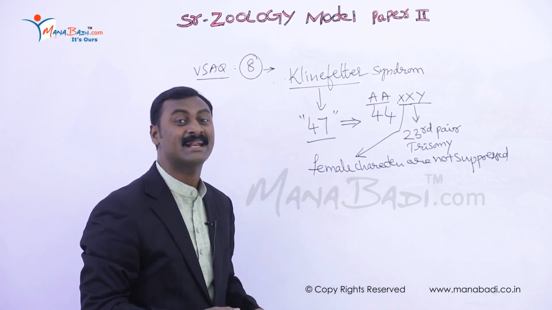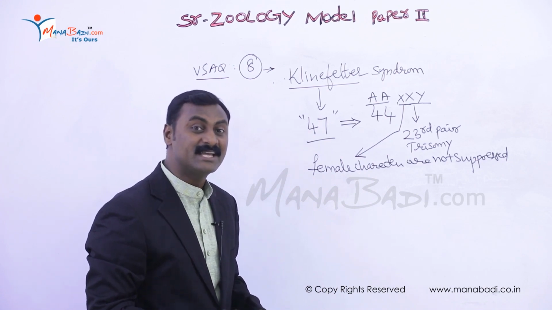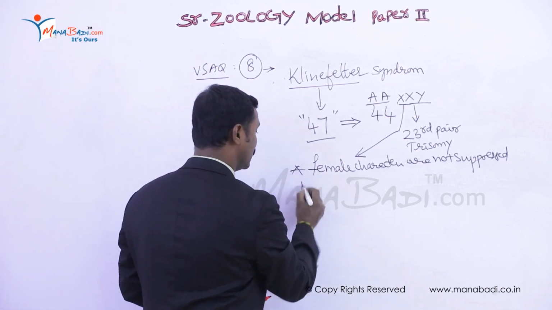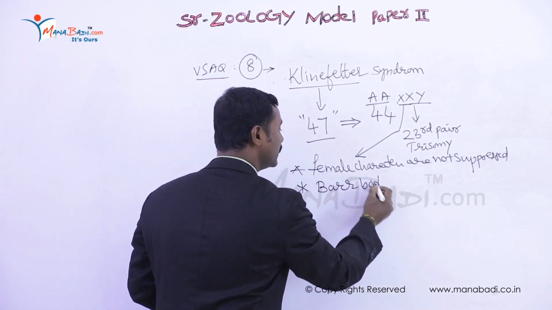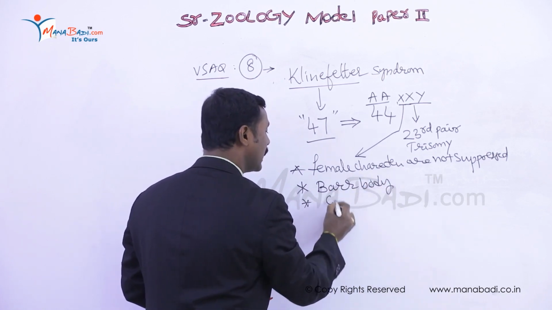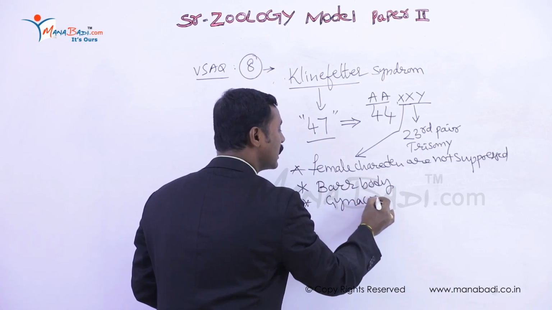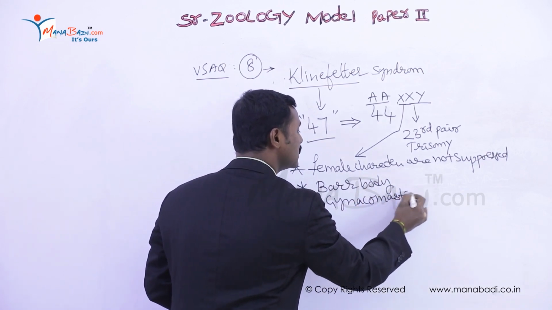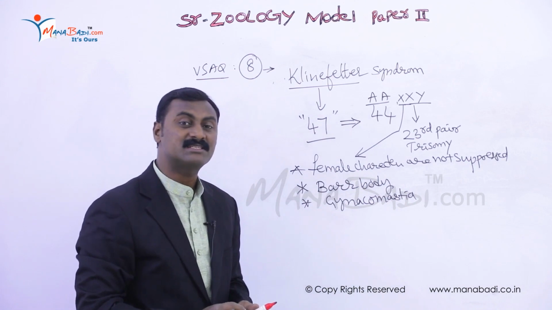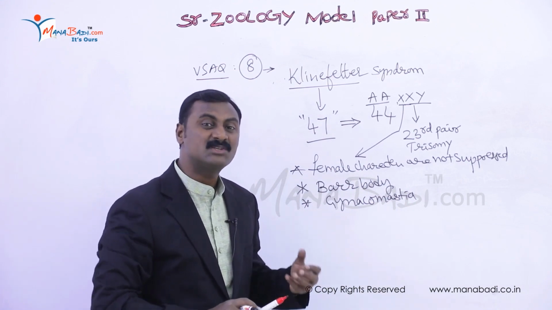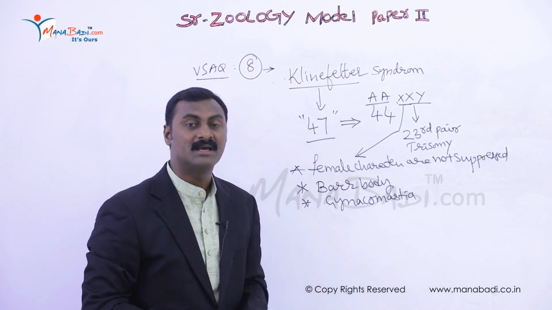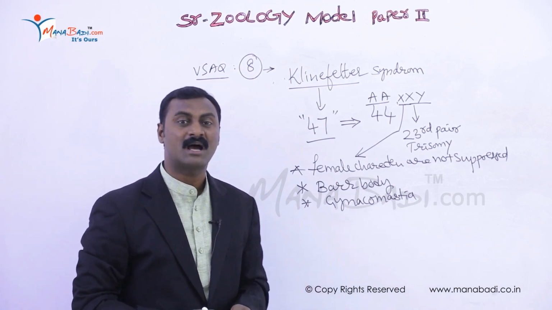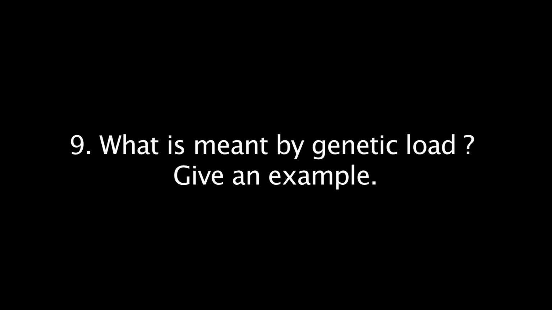Their characters are like female, and they show a Barr body in their chromosomal composition, and also gynecomastia. Gynecomastia means slight development of breast, and there is no growth in the reproductive organs, especially in this male. This special condition is called Klinefelter syndrome.